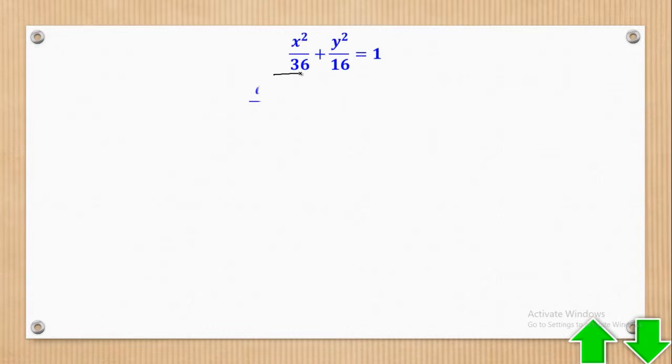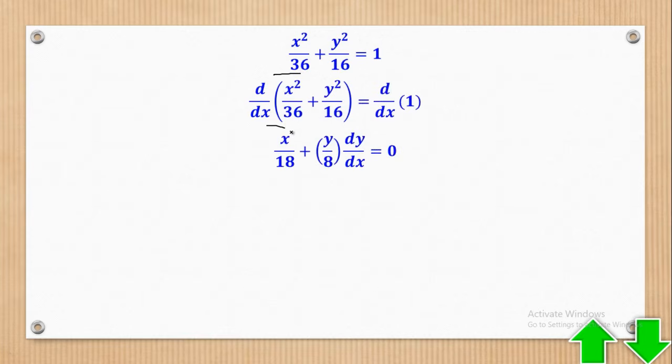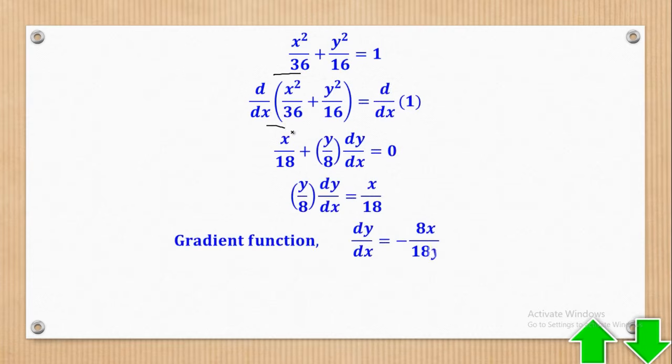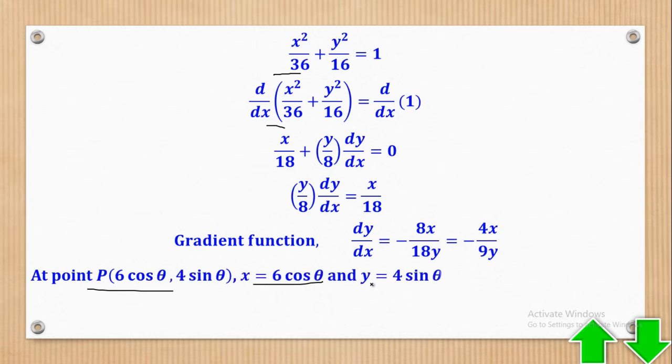So given this equation, differentiate to come up with that. Therefore, the gradient function will be given by that. Now at this point, x is this, y is that. Therefore, substitute to get the gradient of the tangent.